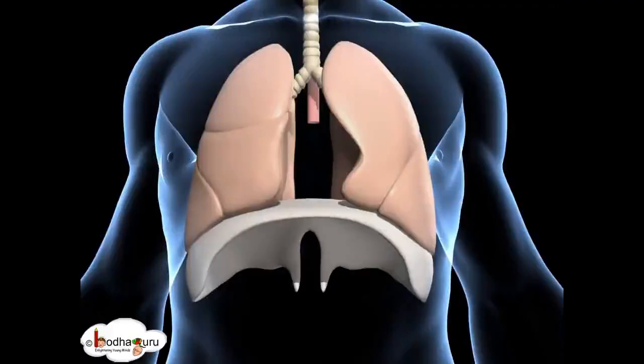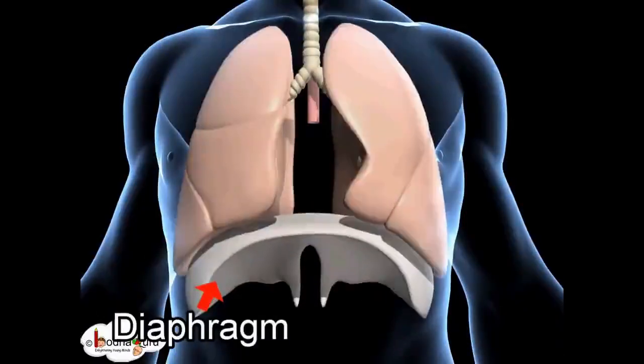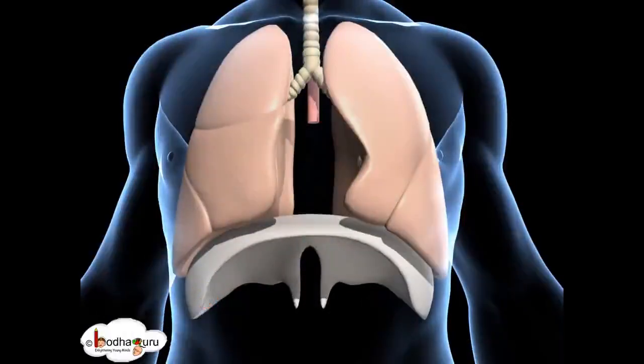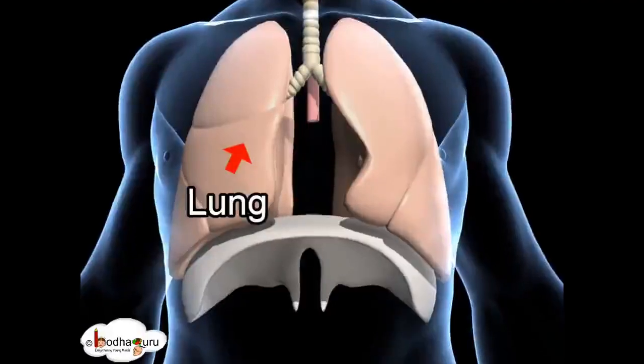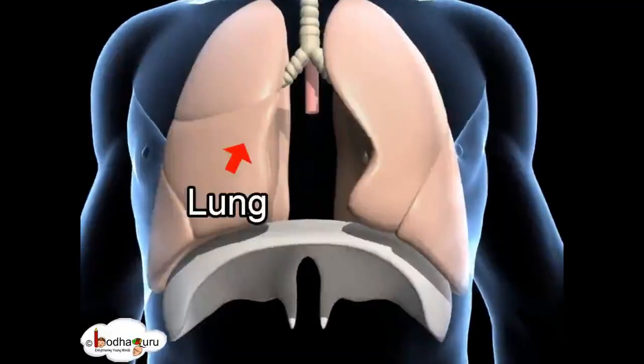How do we breathe the air out? The diaphragm moves downward, creating space for the lungs to expand, decreasing the air pressure in lungs.